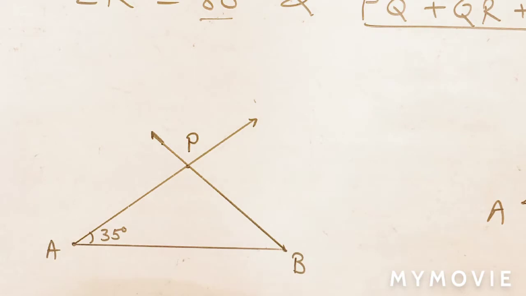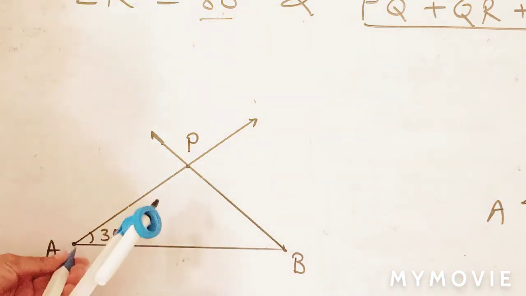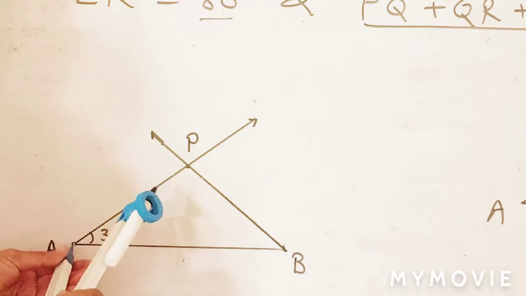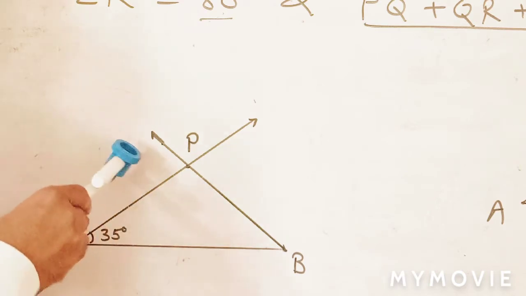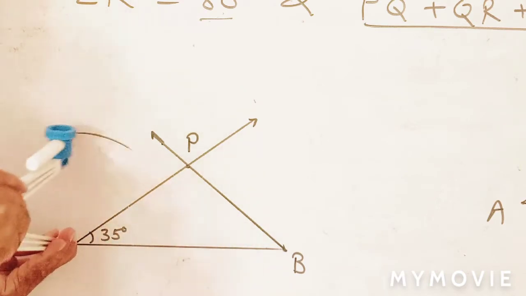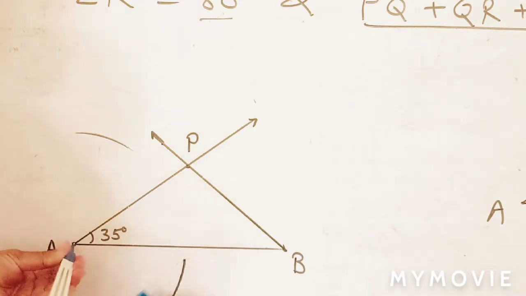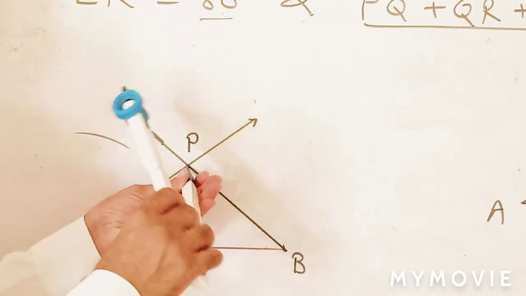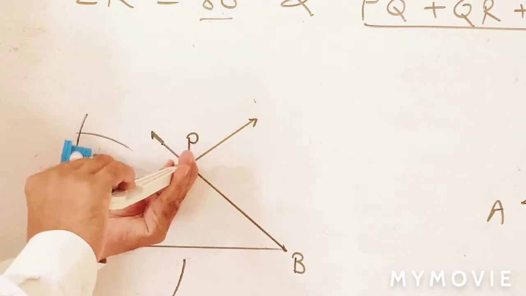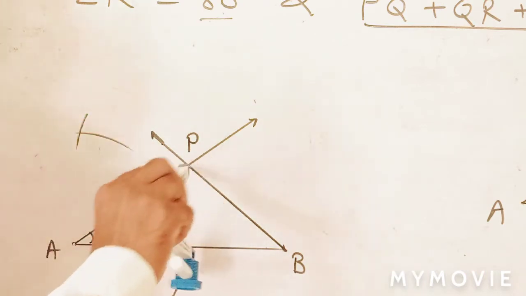Next step, we have to bisect. We have to draw the perpendicular bisector of PA and PB. Therefore, using the compass, by taking more than half, draw arcs to right and left. Let them intersect from both points.